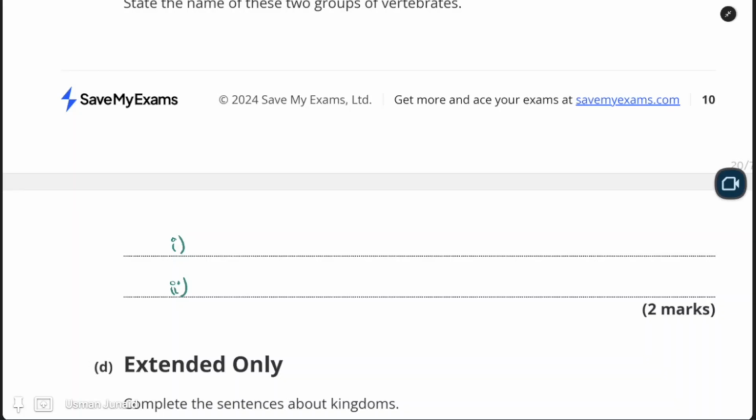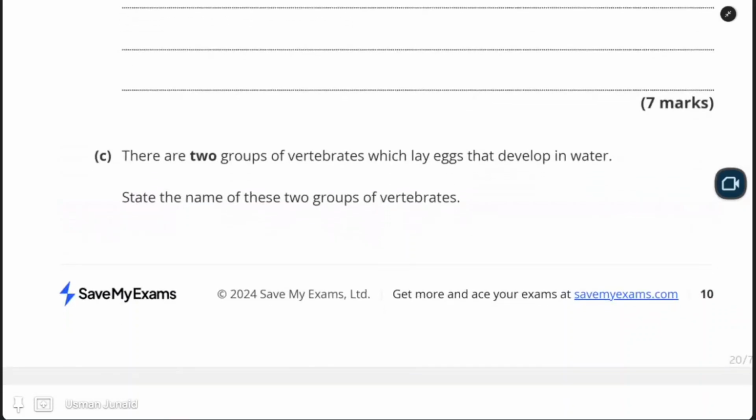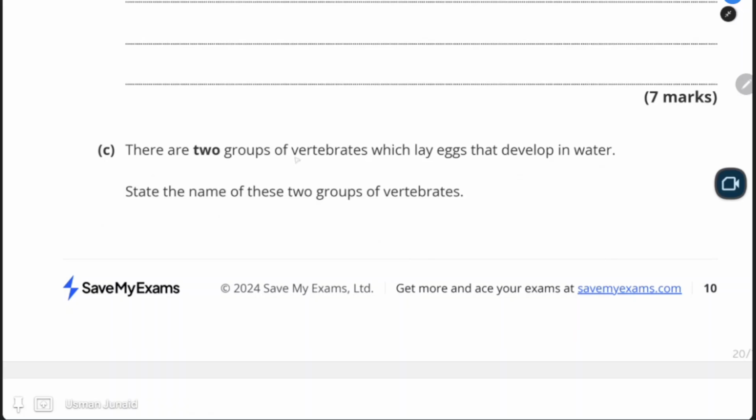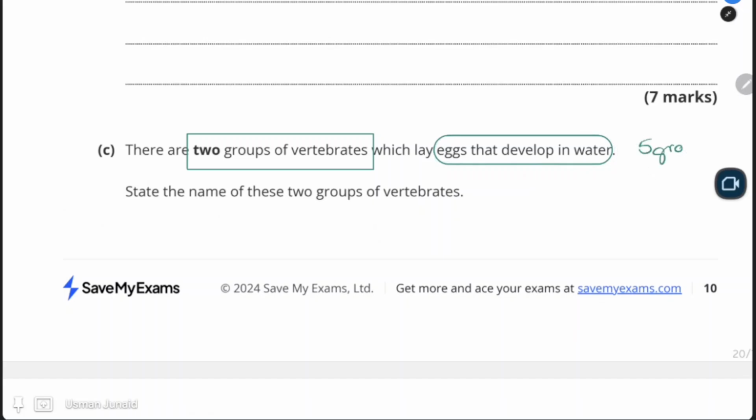Sir, can you show the question again? Two vertebrates which lay eggs in water. So we know that there are five groups in total, and the three groups that we've seen up, right? So two groups are left. If three groups are done, which two groups are left?